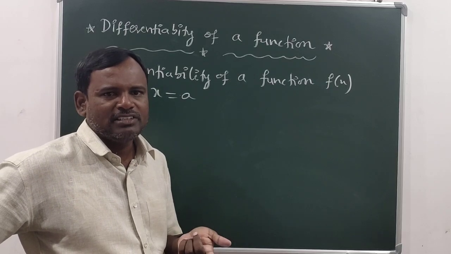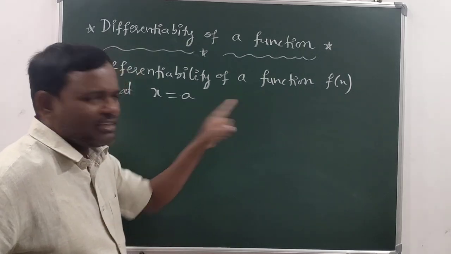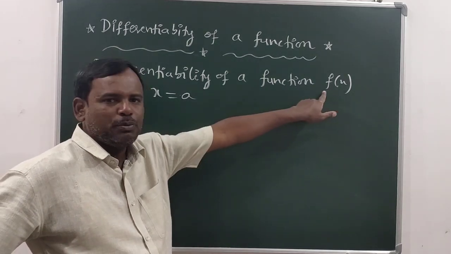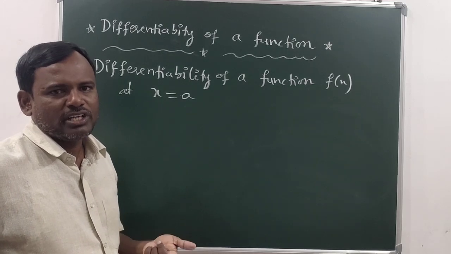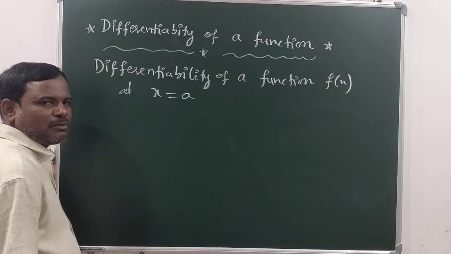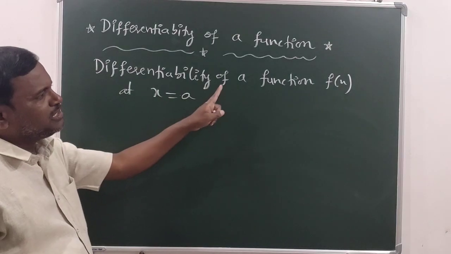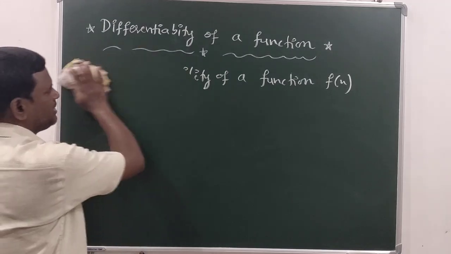So the slope of a tangent belongs to the real numbers, you know. So whether the derivative of this function is possible or not at x equal to a, you have to check. Now how to check? Now I explain you. So what is the first objective of this chapter? Differentiability of the function at x equal to a. Now let us check.